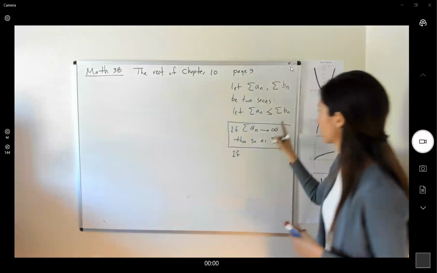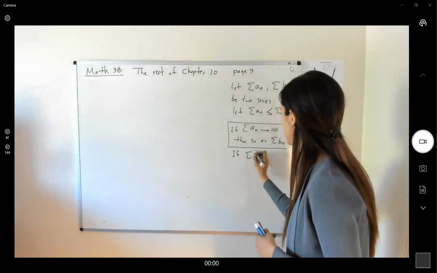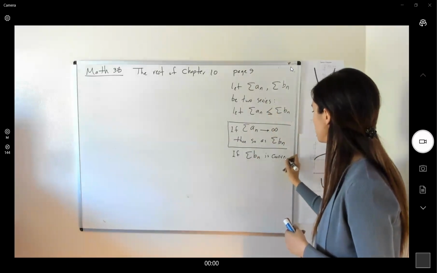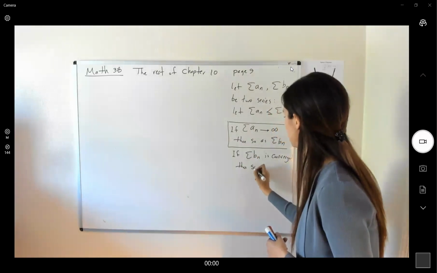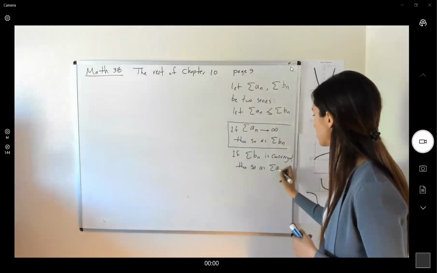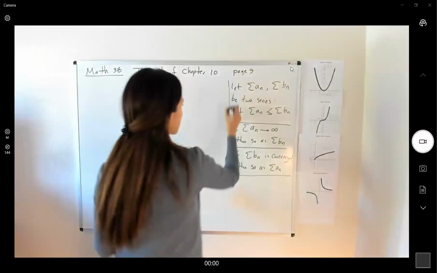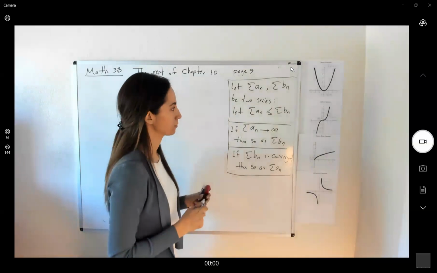If the bigger series, sigma b_n, is convergent, then so is the smaller series a_n. That's how we can compare two series.